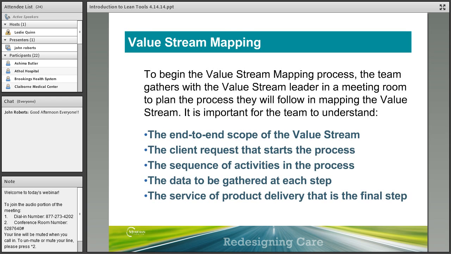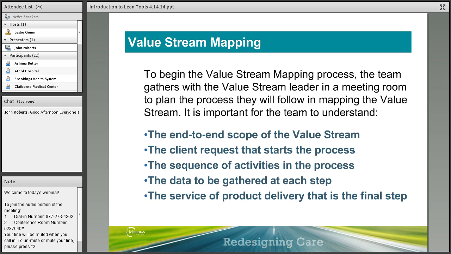And again, we have a value stream leader who's going to lead the team through the process and really lead the team in looking at things like the end-to-end scope of the value stream, making sure that we are getting the voice of the customer infused into that process, what they want, what they consider value in that value stream, looking at the sequence of activities in that particular process, so ways to eliminate or reduce overprocessing.